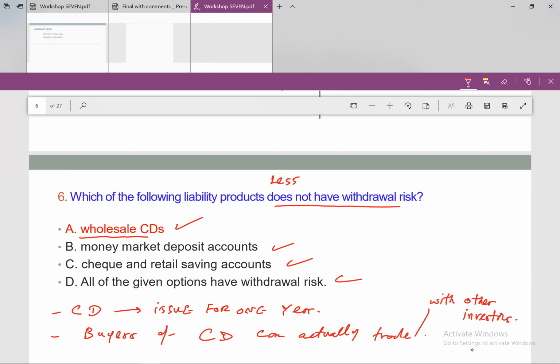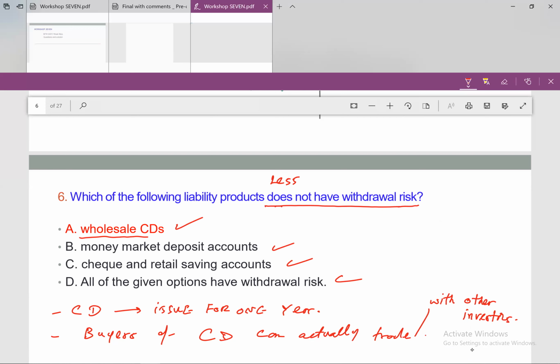You cannot withdraw it before 1 year. Issued for 1 year, you can trade it among other investors, but you cannot go to the bank before 1 year. And this actually doesn't have withdrawal risk. The right answer: it doesn't have actually an expected withdrawal risk.